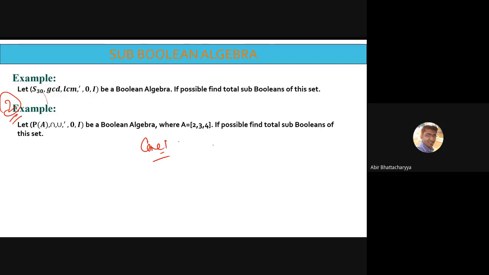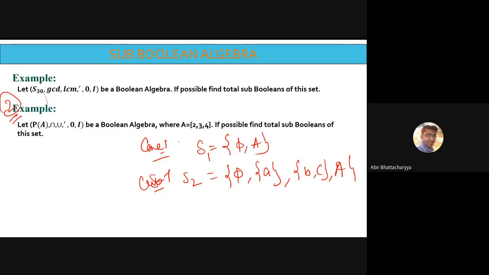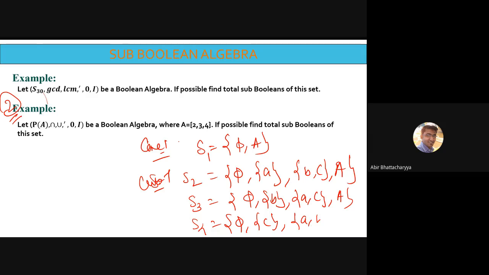Case number 1 sub-Boolean, let me say S1, is phi and A. Case 2 is sub-Booleans phi with the first atom, singleton A, and the complement of the singleton, BC, with A. S3 is phi, singleton B, AC and A, and S4 is phi, singleton C, AB and A. And the last case, case number 3, has 8 elements, S5 equals power set of A. That is how we can construct.